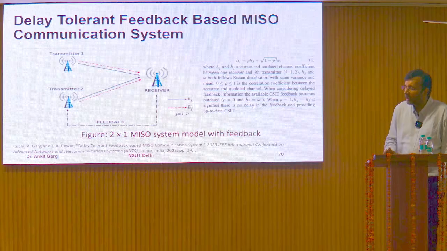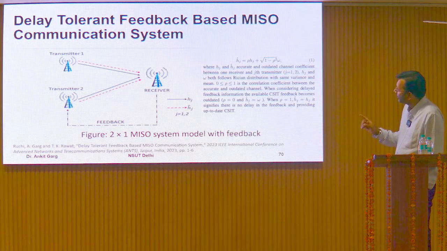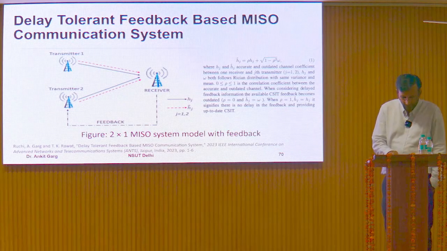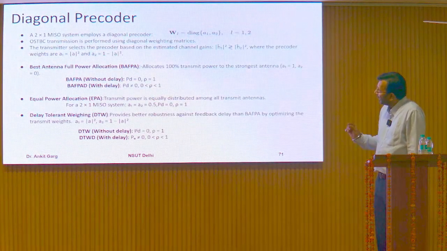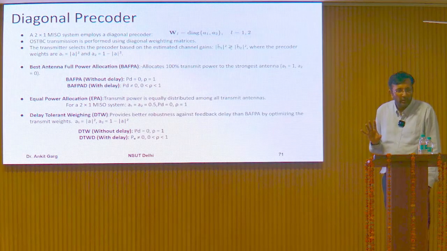Okay, fine. So what we need to do here is find out the distribution of this h hat to proceed. So again, we allocate the power according to the delay.